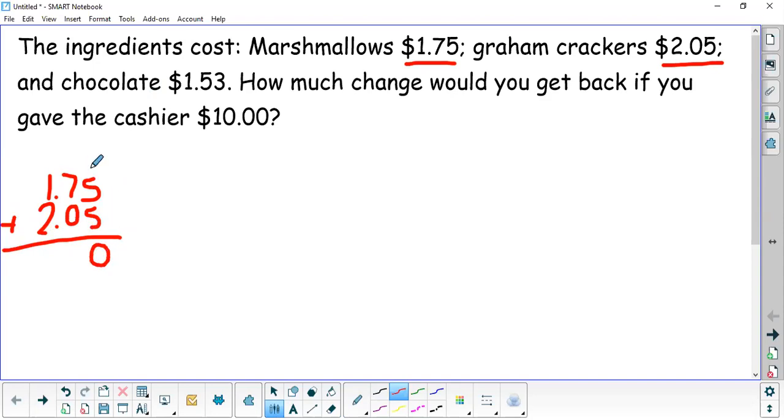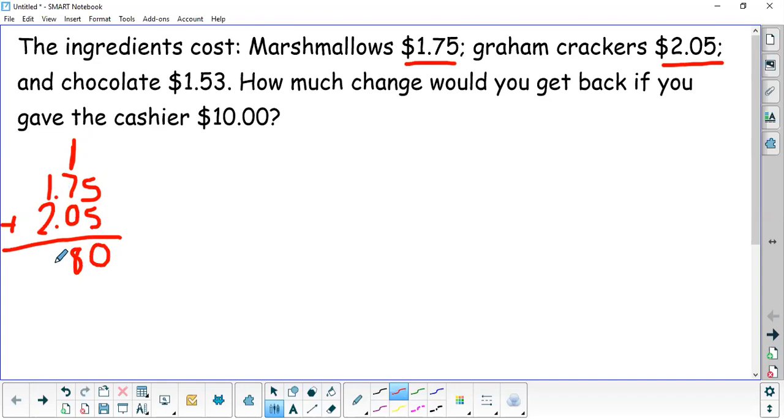No, because we can only put one digit in a place value chart, right? So since we have 10 hundredths, that becomes 1 tenth. So we have a 0 now in our hundredths spot, and now we had 1 plus 0, 7 plus 0. So 1 plus 7 is 8, plus 0 is still 8. So we're going to put an 8 there.